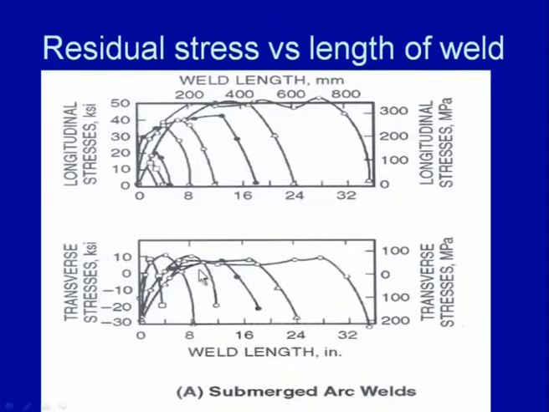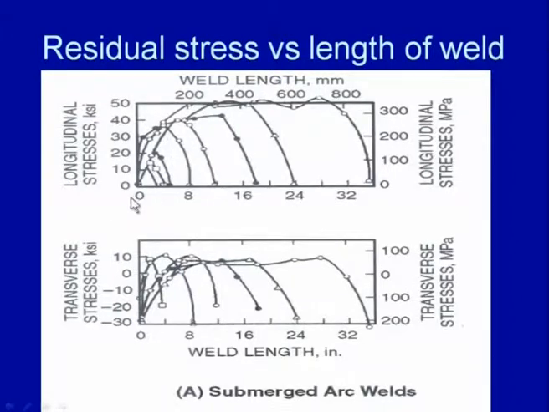We can see that for a particular length of the weld, the longitudinal residual stress initially increases first and then it starts decreasing. So, at both the ends we have minimum residual stresses, while at the center we have maximum longitudinal residual stress. If we see that with the increase in the length of the weld, the magnitude of the maximum residual stress is increasing, while the residual stress at the end of the plate is 0.